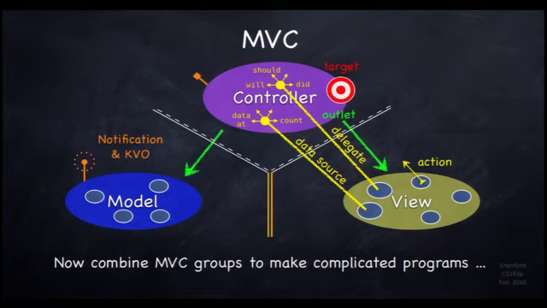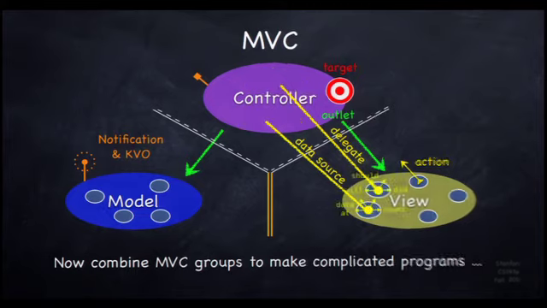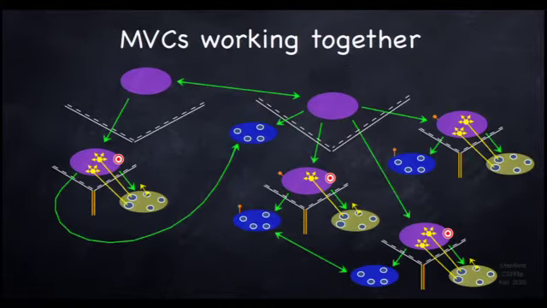So when we build applications, we combine these MVCs into multiple MVC groups like this. Okay? So here you can see the little MVCs, and that some controllers, like the one up in the middle, its view pointers are pointing to other controllers of MVCs. Okay? We are going to be doing this all quarter long.